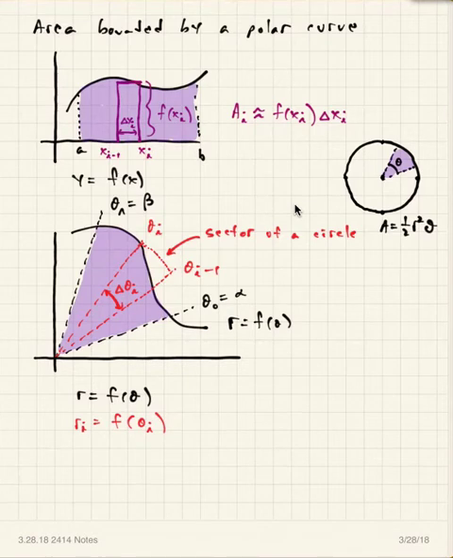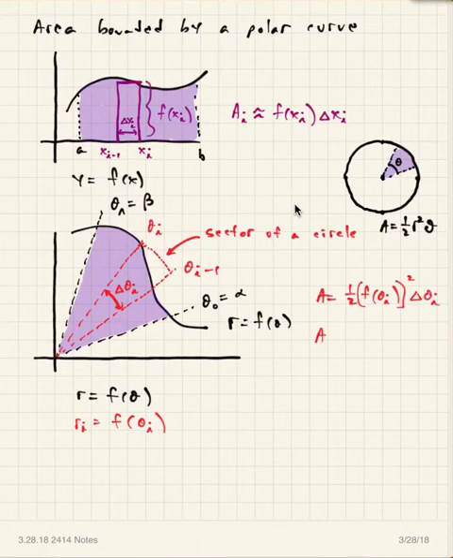And so the area for that little sector would be 1/2 times f of theta sub i, quantity squared, times delta theta sub i.